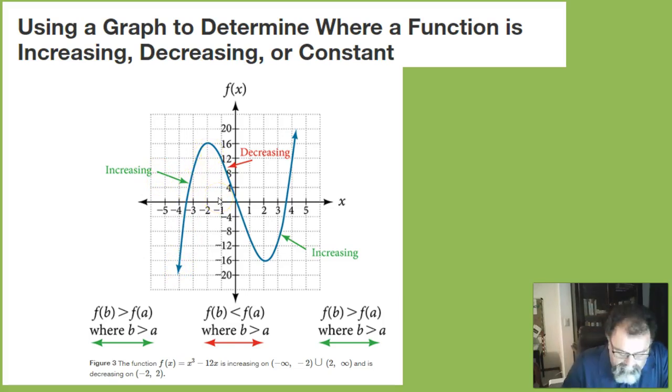Now the idea is we want to standardize what we mean by increasing and what we mean by decreasing. If we had a graph, basically it means it's going up or going down. Increasing is going up, decreasing is going down, constant is not going up or down, it's staying flat.